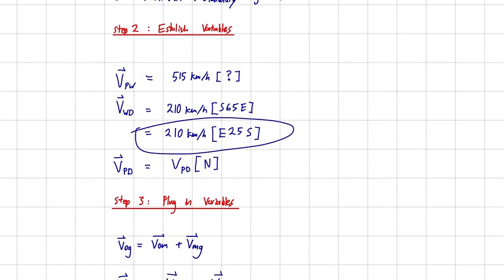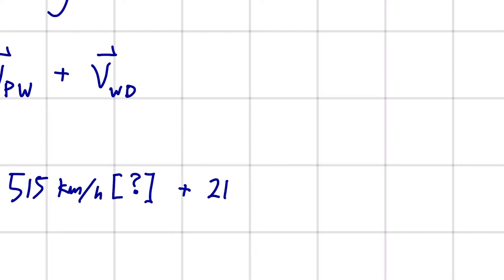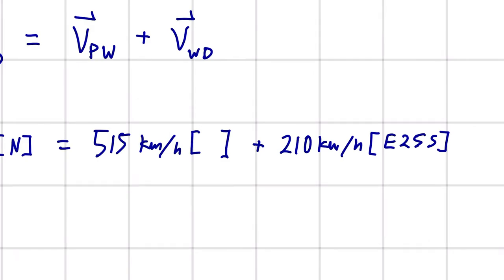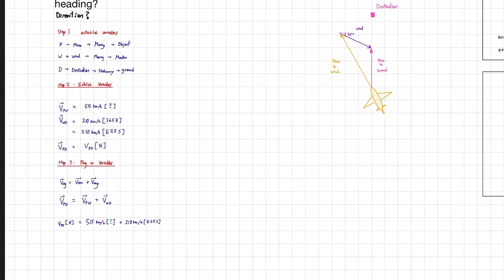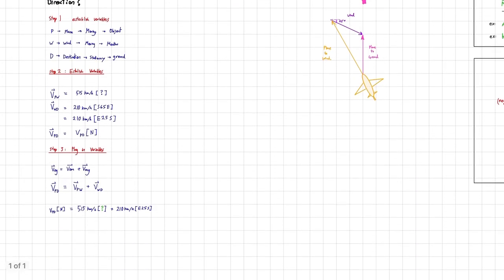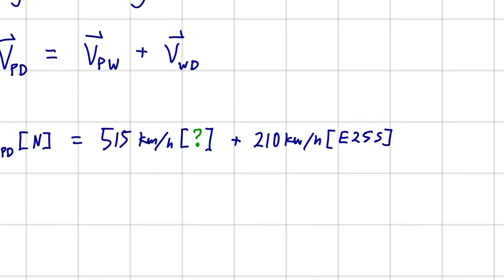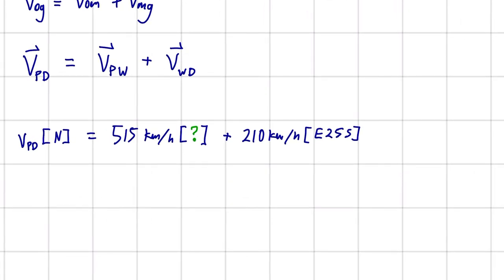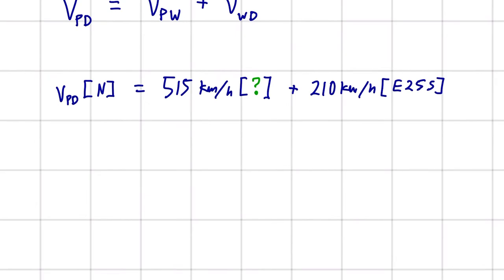So VWD, we're going to use this one here, 210 kilometers per hour, and the direction was east, 25 south. And what I want to do here, I'm going to make this question mark green, because this is our unknown. If you recall back to the question, we're going to be asked what will be the plane's heading. So this is our unknown. This is going to be the value we're trying to find. So I'm going to keep it green just to help keep it straight, so we're not going to get it confused with our other variables while solving this problem.